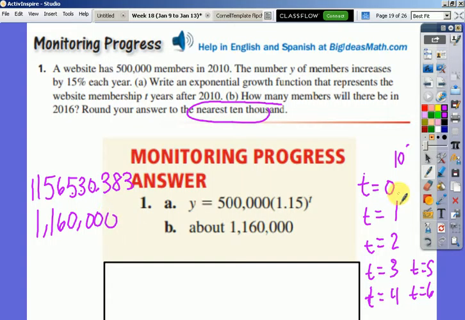Because you're given an initial amount, and that initial amount can't be multiplied by anything here. So t will always be 0. That's what you have to start with. And then from there, just count up. 2010, 11, 12, 13, 14, 15, 16. Okay, does that make better sense? Again, pay attention to the rounding. And that would be members. They didn't do a very good job of labeling their units, but make sure that you do.